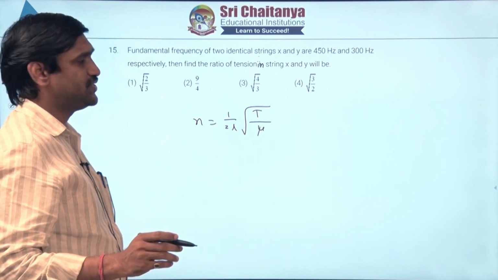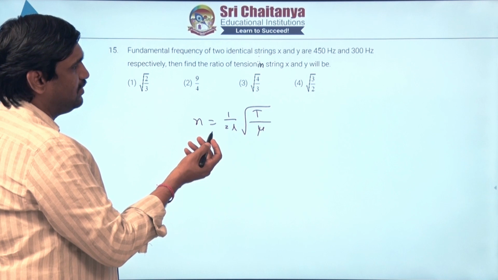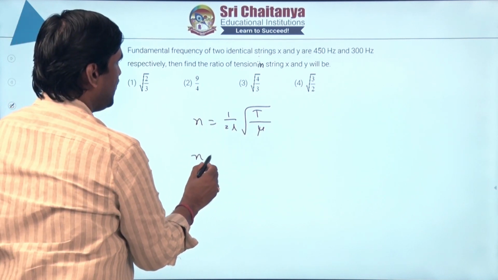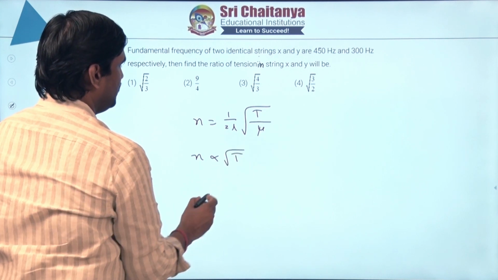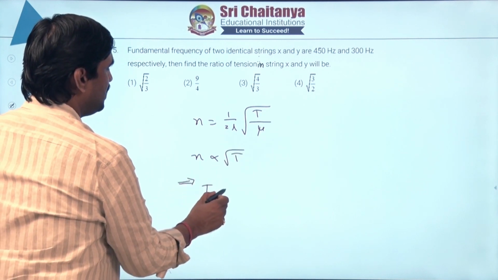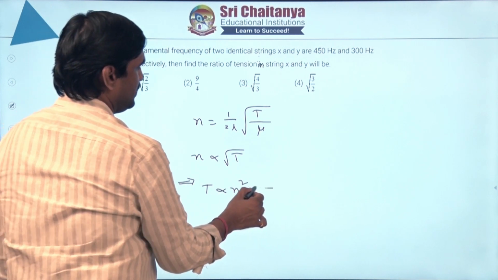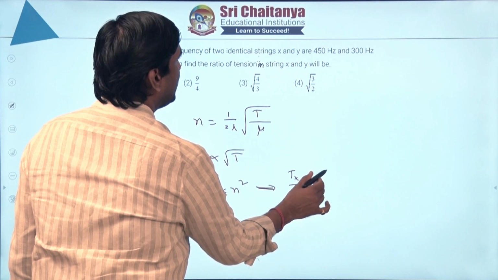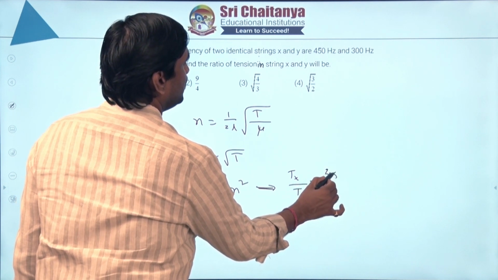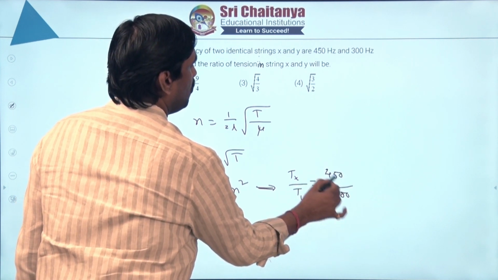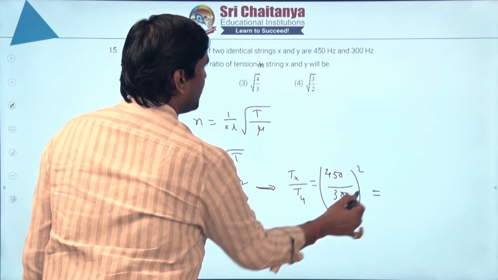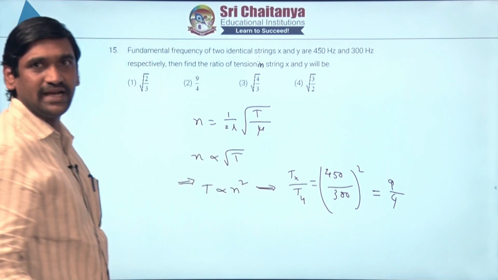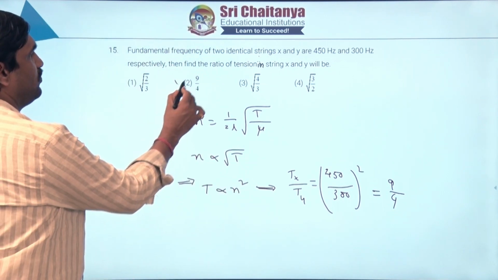These two are identical strings, so length is constant and mass per unit length is also constant. Thereby n is directly proportional to root T. That implies T is directly proportional to n square. Now Tx by Ty is equal to (450 by 300) whole square. Now by calculating it, you will get 9 by 4. So the second option is the correct answer, 9 by 4.